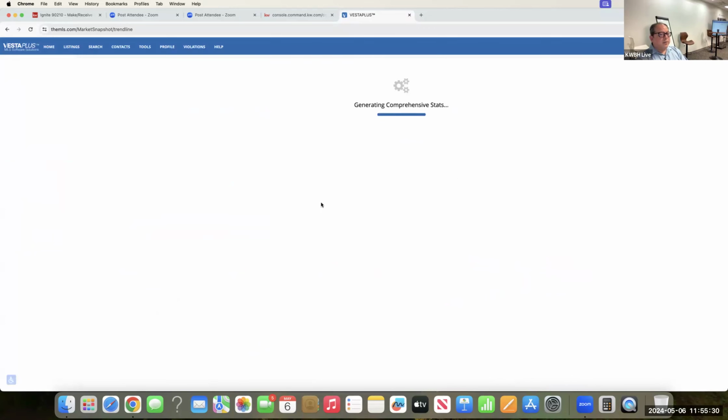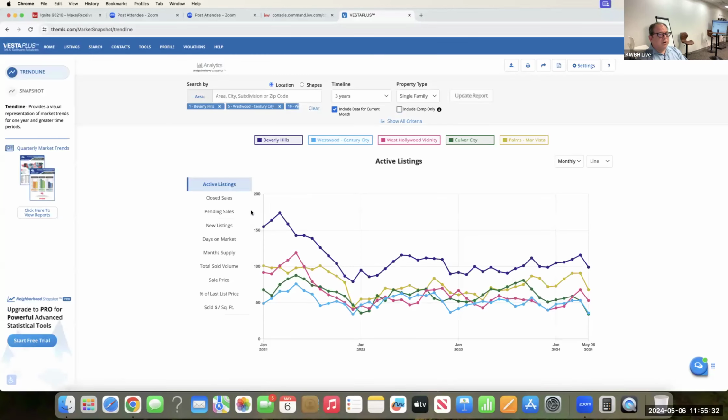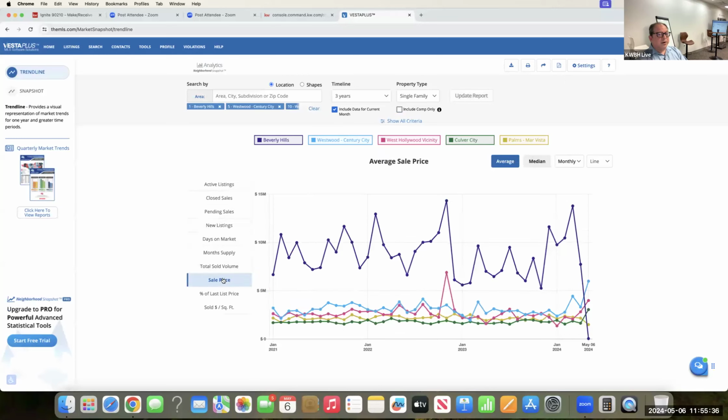All right. These stats that are coming up are showing sale price. So what are the highs on the graphs as far as sale price? Here is October, this is February, here's November. August, July, June, April.